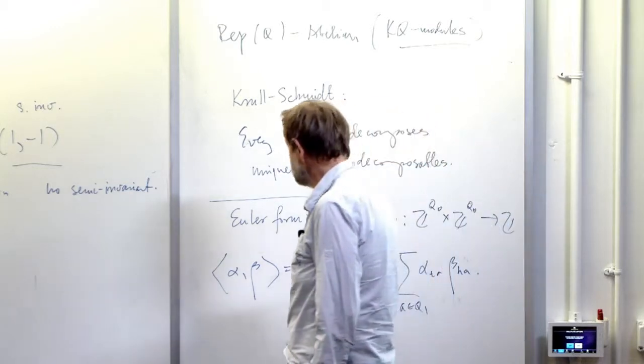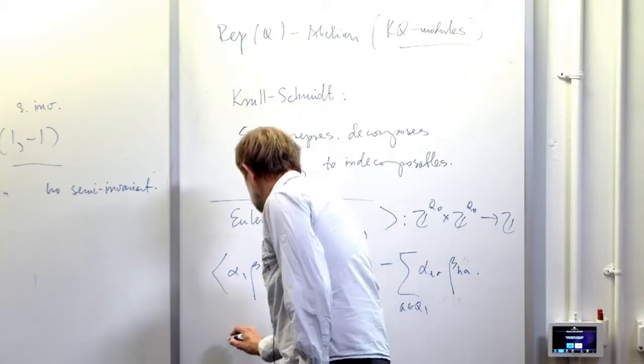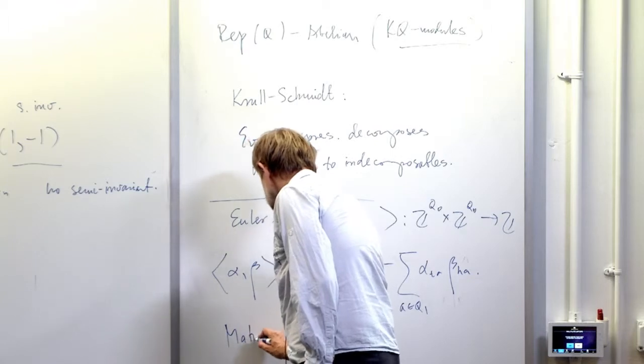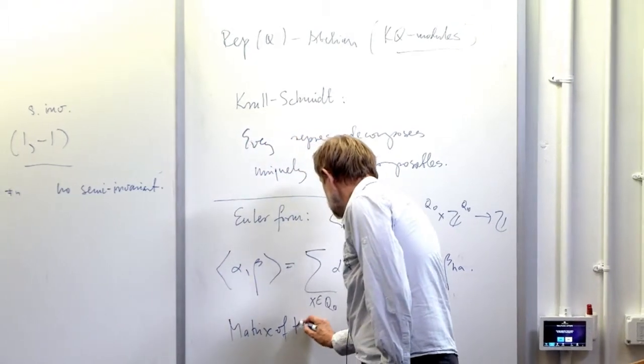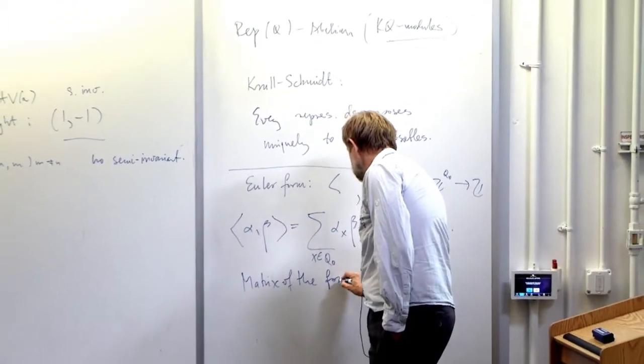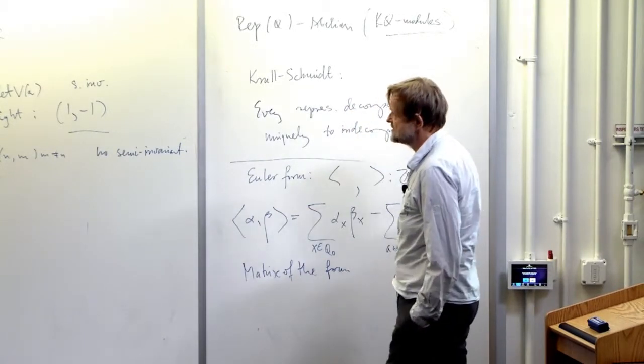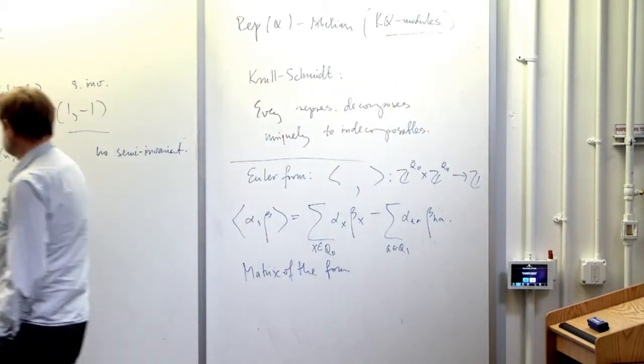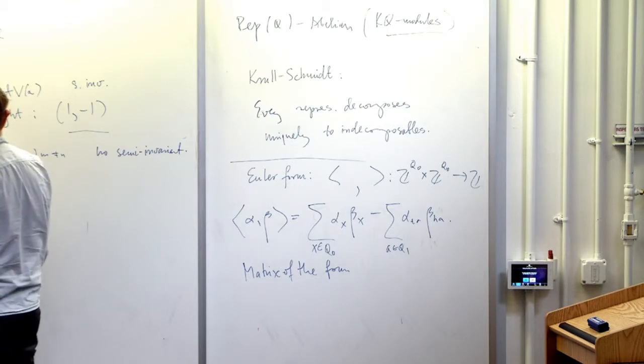So the way to think about it, we have the matrix of this form in the canonical coordinate basis. Let me just do the example and everything will be clear.